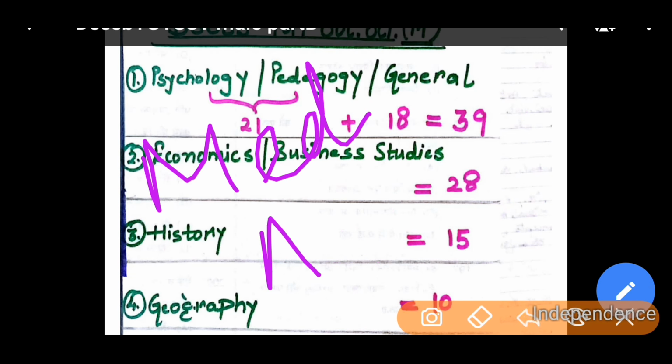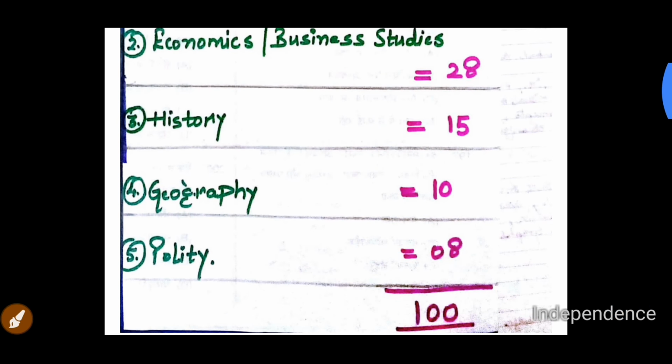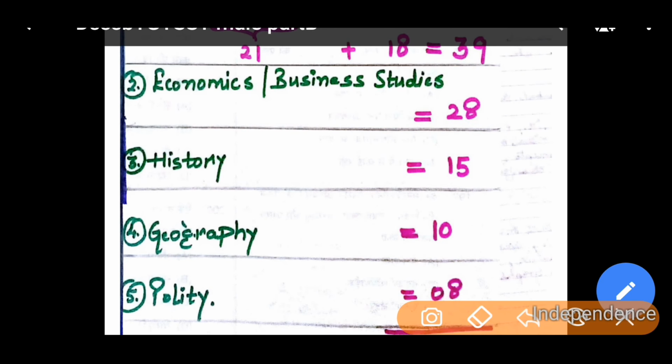Okay, so the next portion is geography. So, well, only 10 questions came from geography and only 8 questions from polity. So this is a section that I guess you need to pay a little less attention to.